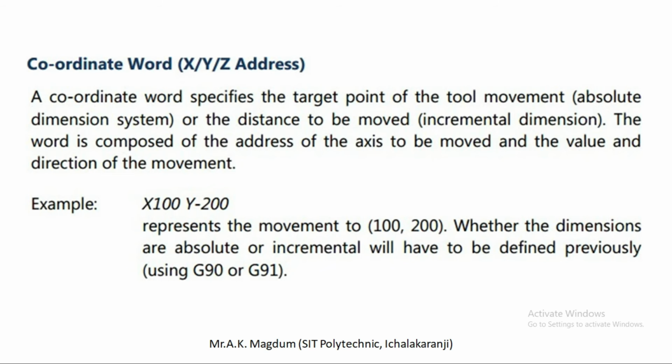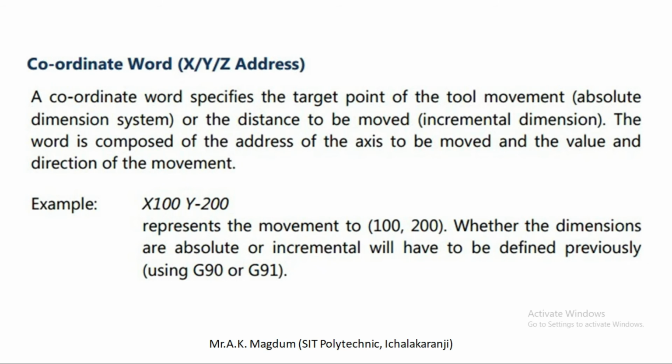So whether absolute or incremental, it should be clearly mentioned through the different G addresses like G90 and G91. Next, the best example is X100 and Y minus 200, which represents a movement of 100 and 200. Whether the dimensions are absolute or incremental will have to be defined previously using G90 or G91.